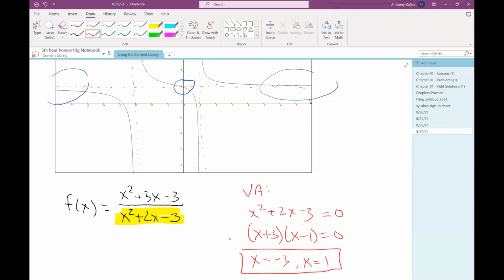Okay. Do you remember how we found the horizontal asymptotes for something like this last year? Ella? So if we set y to 0, what we're going to find are the x-intercepts, right?